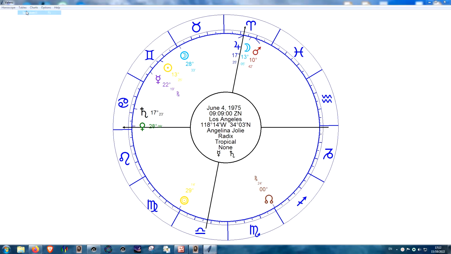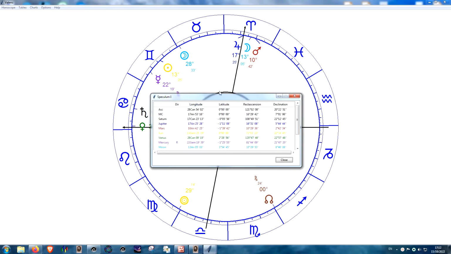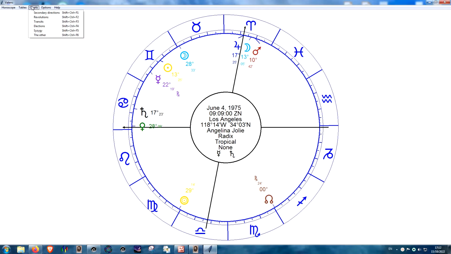Tables. Yes, we have the data here for the placements of the planets, and yes. Oh, you see they list here the trans-Saturnian planets, at least you don't have them in the chart, but at least they list them for those that care about these creatures.